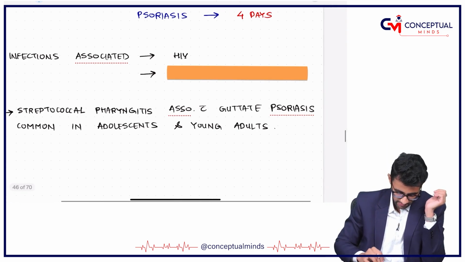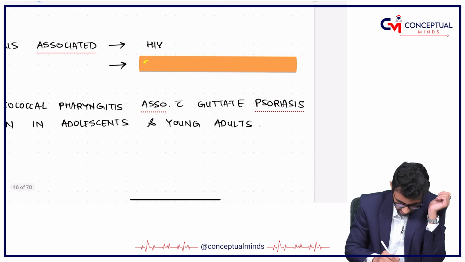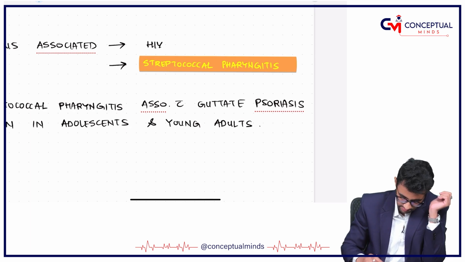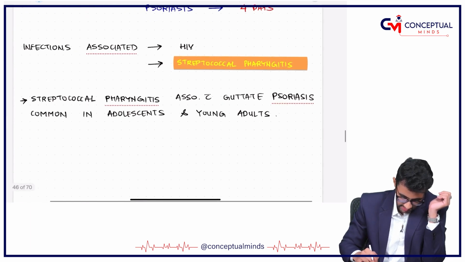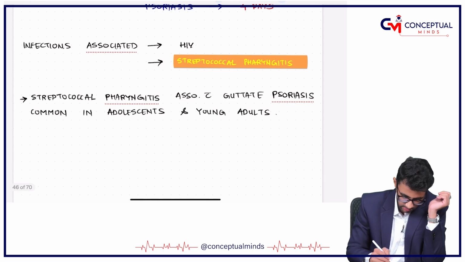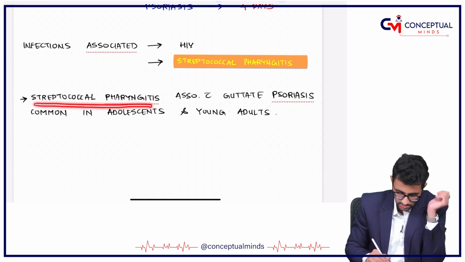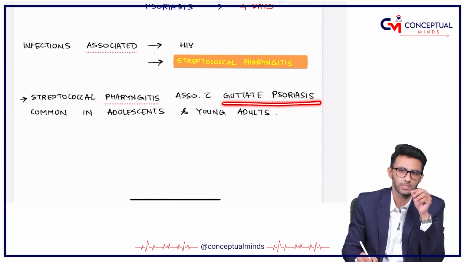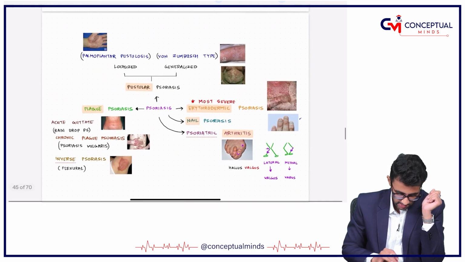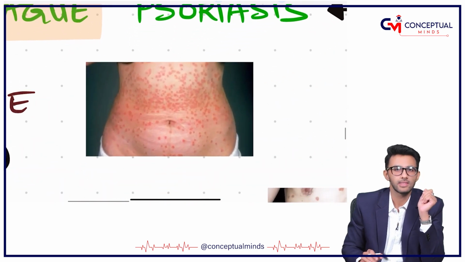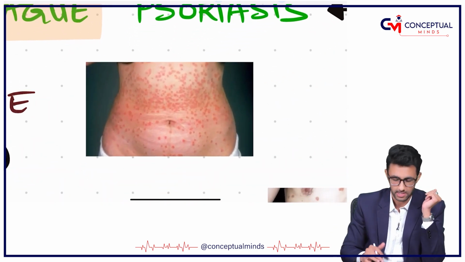So this is streptococcal pharyngitis, which, as we just spoke about, is also associated with guttate psoriasis. Let us go back and see this as well. This was the guttate psoriasis, the raindrop lesions.